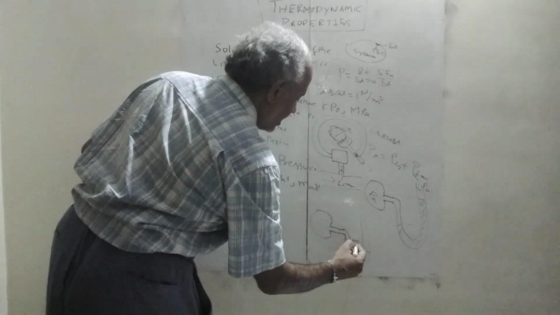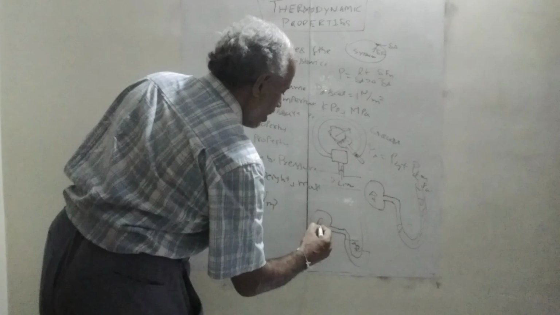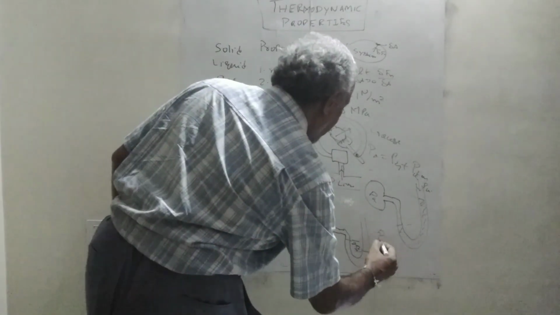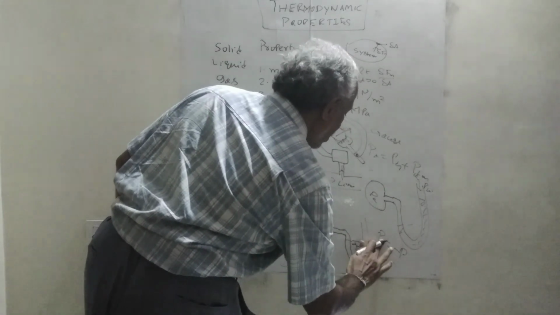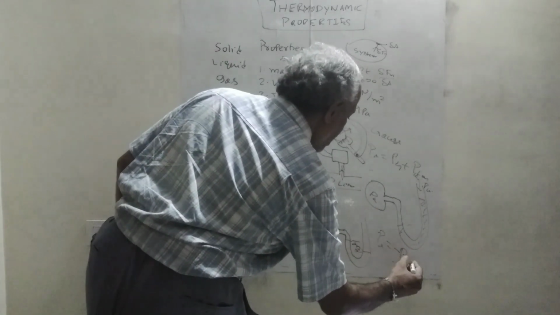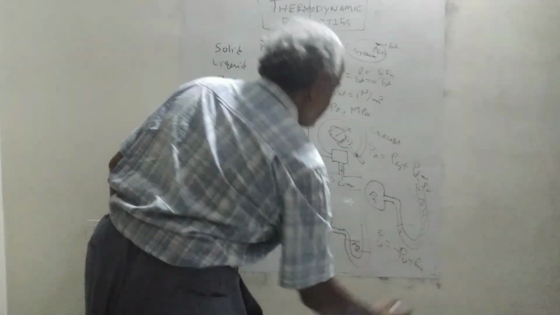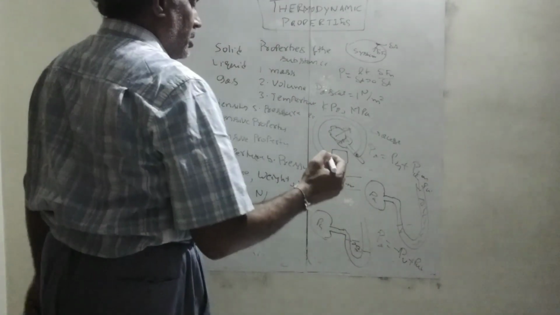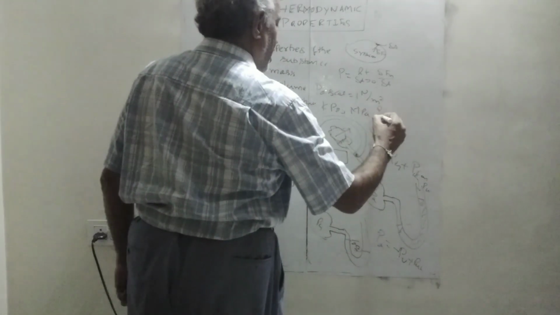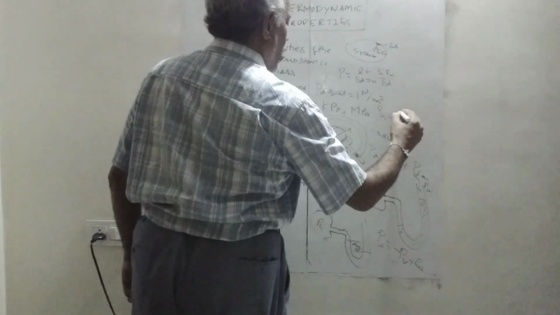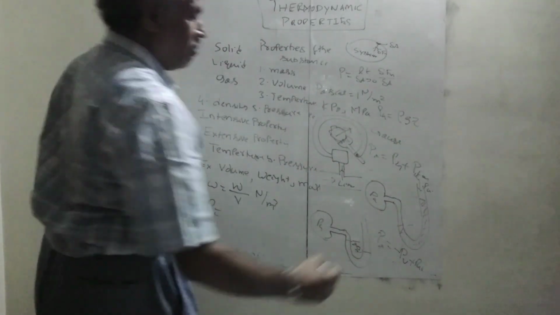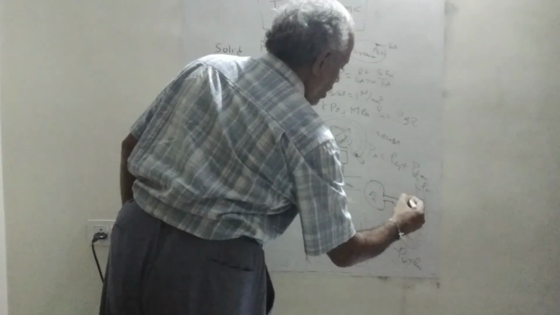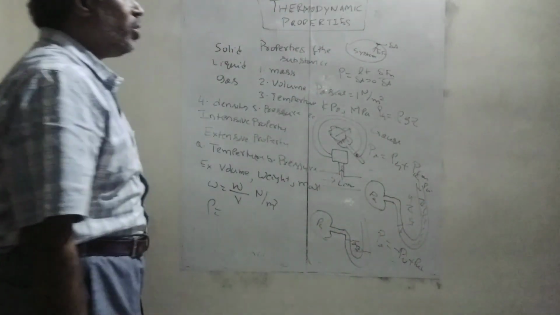This distance is Z. So here vacuum pressure is equal to minus P_v, and absolute pressure is equal to minus P_v plus P atmospheric. Now this gauge pressure is given as rho g Z, where Z is the height of the column of the liquid. This is how we measure the pressure.